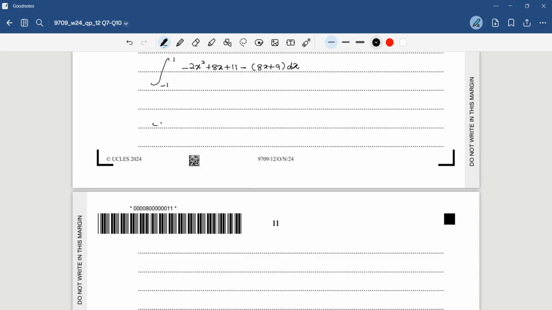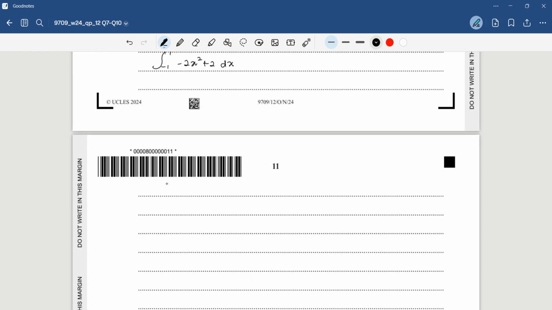So it's going to be the integral from negative 1 to 1 of negative 2x squared plus 2, dx. So it will be negative 2x cubed over 3 plus 2x, from negative 1 to 1.